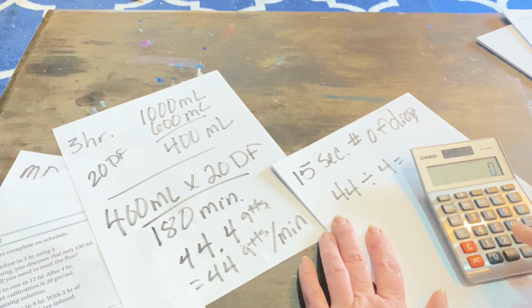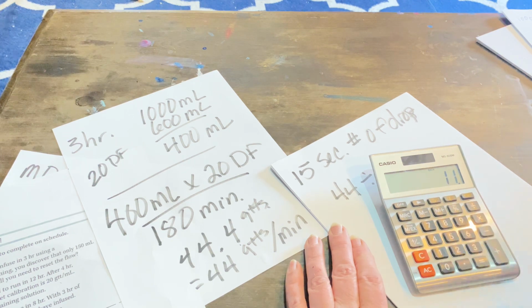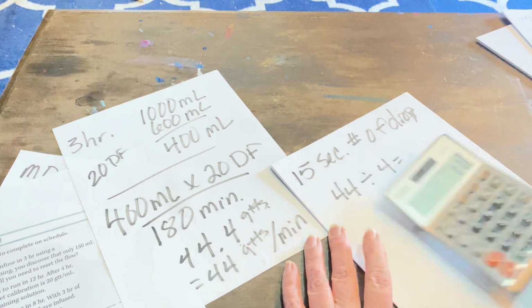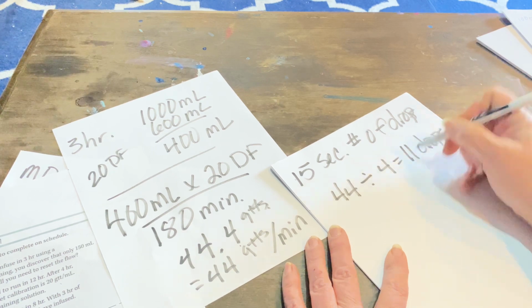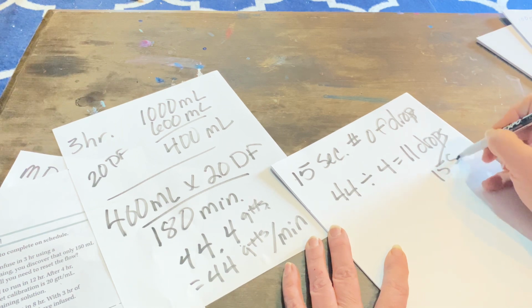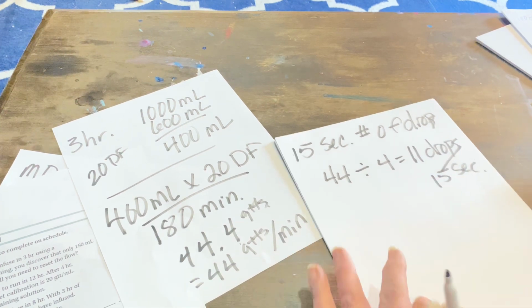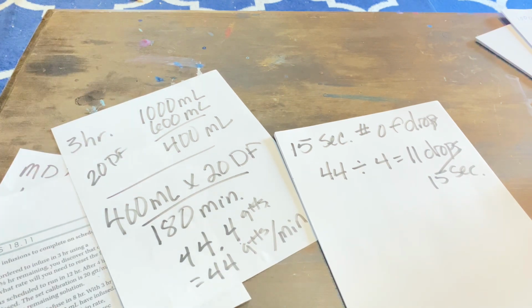So you do 44 divided by 4, and they got to get 11 drops per 15 seconds. Okay? You're going to get that right. Please understand you're going to get it right.